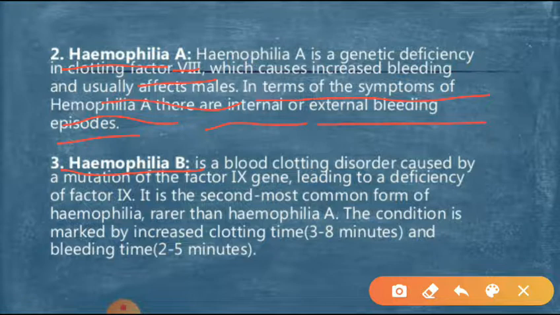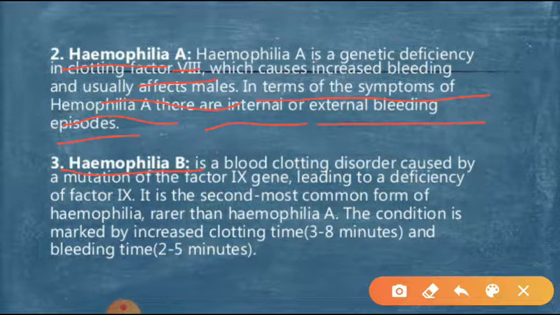That gene cannot control the clotting factor. In this way, it fails to clot the blood. If that factor is working, the blood clotting process can take place. When it fails, bleeding will take place in that person.